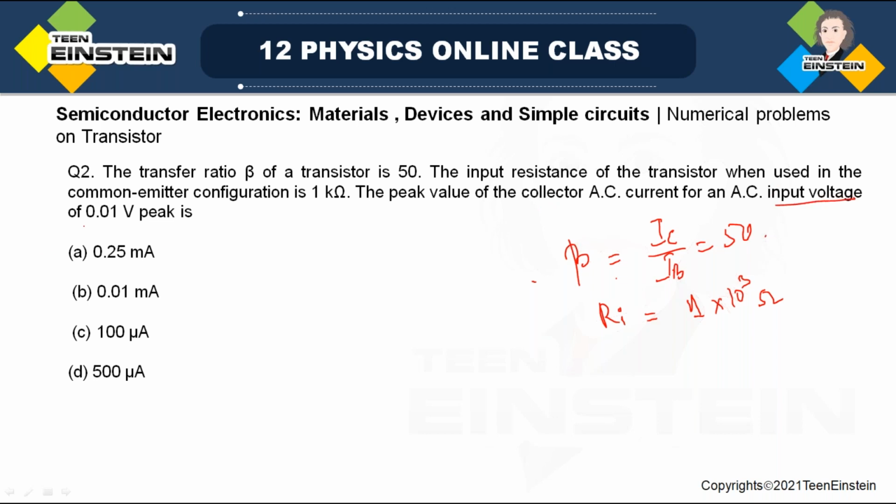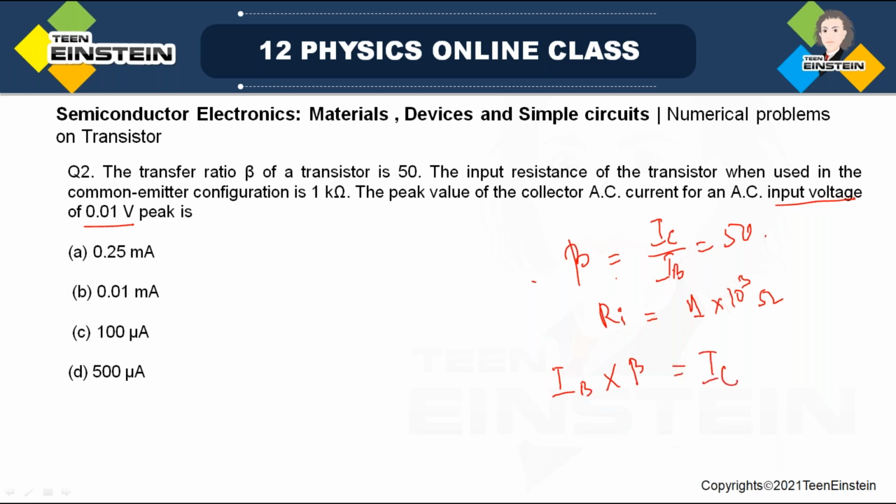If the AC input voltage is fed to the circuit, how much? This much, 0.01 volt. So if you remember that, see here I have to find out IC. How do you find out IC? We know from this definition itself you can find out. If you know IB, then you multiply beta to find out IC.